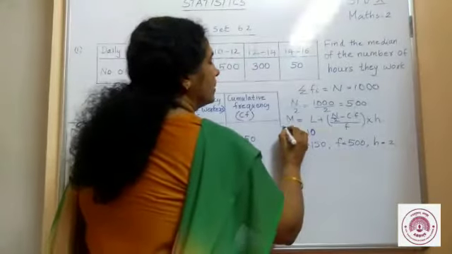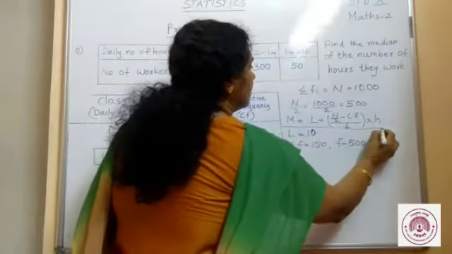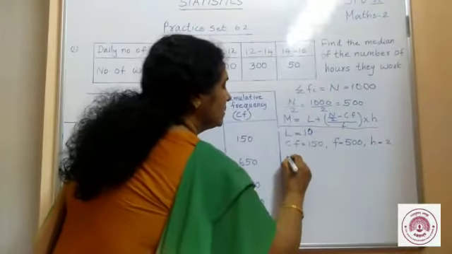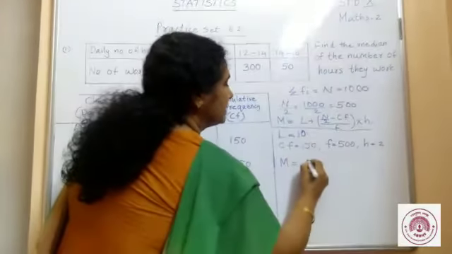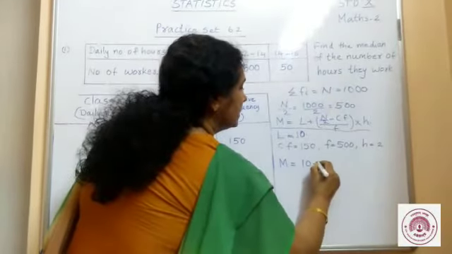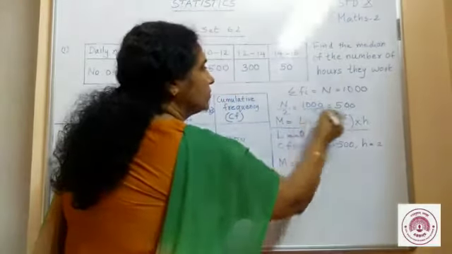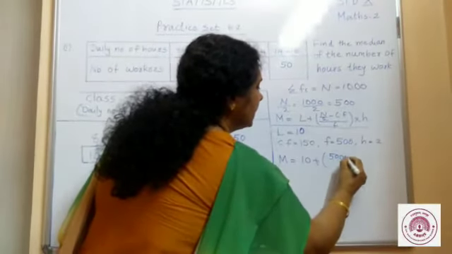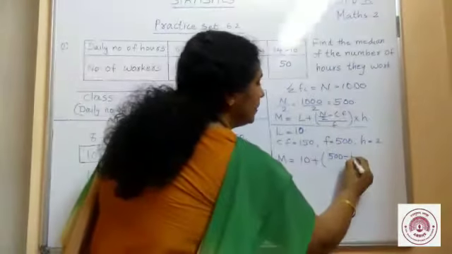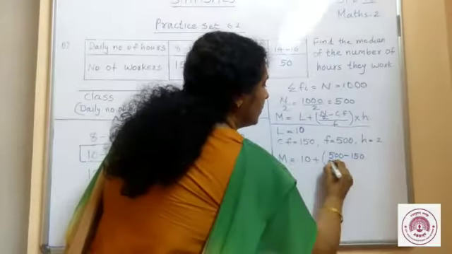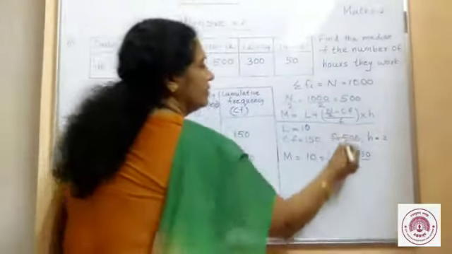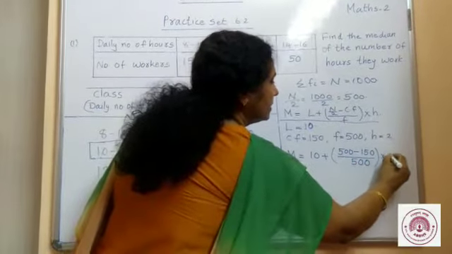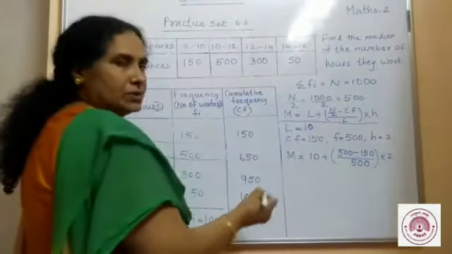So substituting these values in the formula, M is equal to L plus N by 2 minus CF upon F into H. So median is equal to 10 plus N by 2. N by 2 is what? 500. 500 minus CF, which is 150, upon F, 500, into H, which is 2.